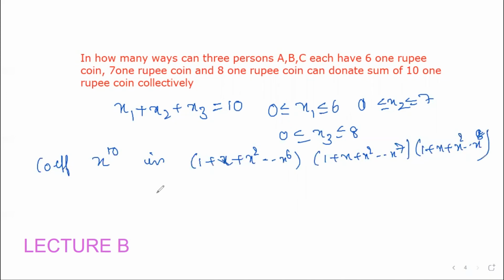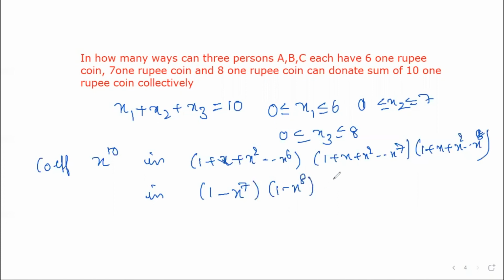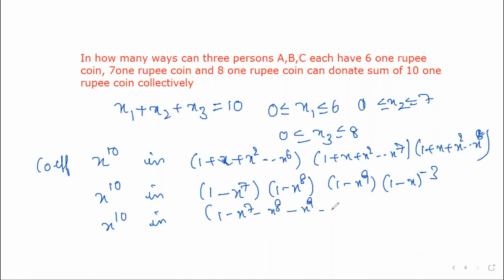So when we actually take up the GP summation here, it's going to be (1 minus x^7), (1 minus x^8), (1 minus x^9) into (1 minus x) whole raised to minus 3. Finding the coefficient of x^10 in this: 1 minus x^7 minus x^8 minus x^9, neglecting the higher powers, we will be having this as a final expression.